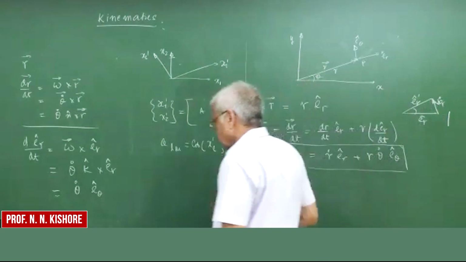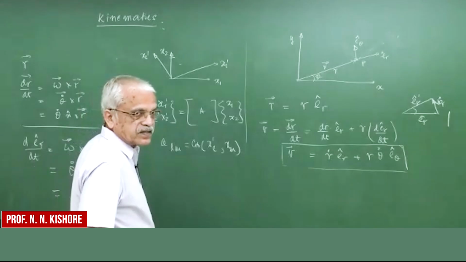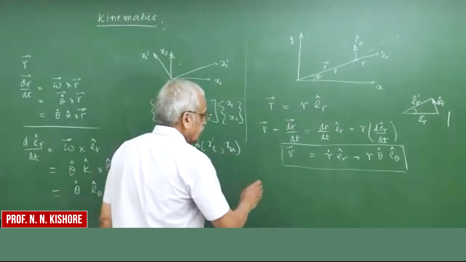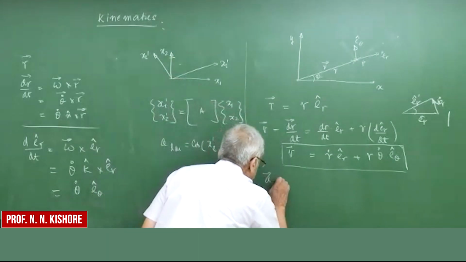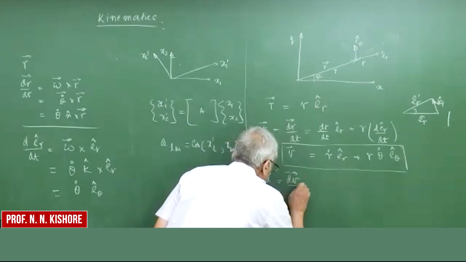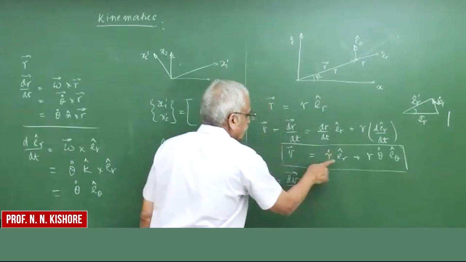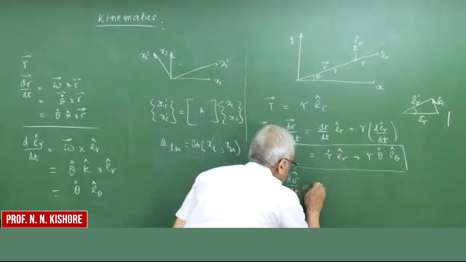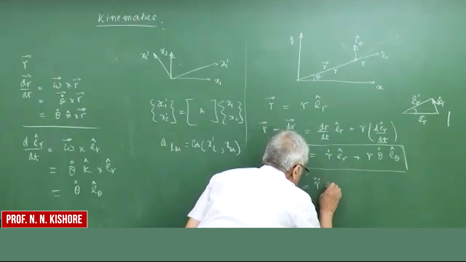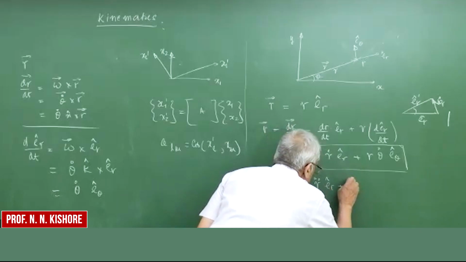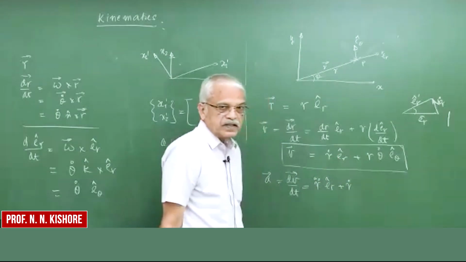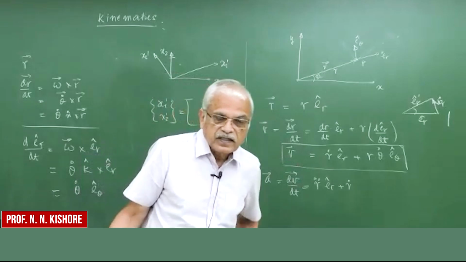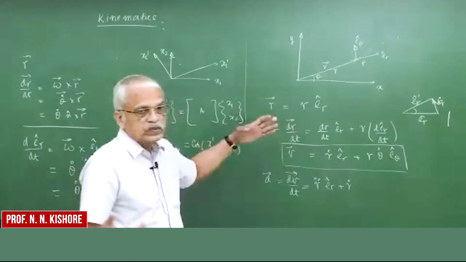Okay, I'm sorry. So now if you go for acceleration, one more step. We can do it quickly now. Now we understand. If you want to go for acceleration, dv by dt, we have to differentiate each one of them. This is a product of two. So it is r double dot er plus r dot times der by dt. The change in er is due to that theta dot.